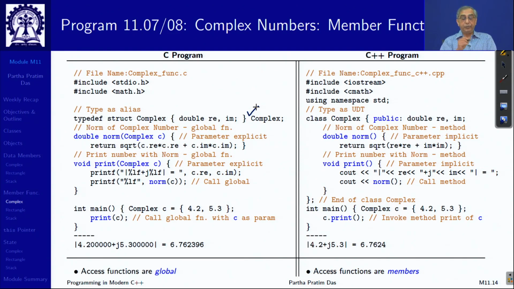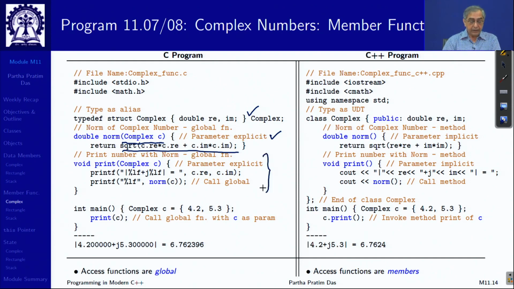If I have to do it in C, I have to define a function which is a global function. Any function in C is global, and I have to tell the function that I am passing a complex structure C, and then do the necessary computation. That is typical.